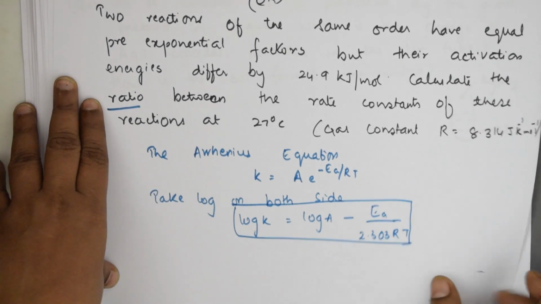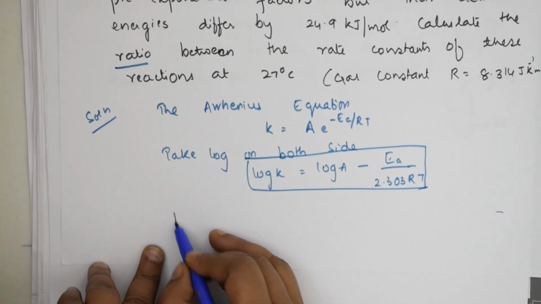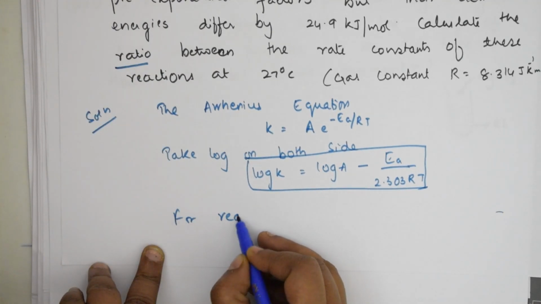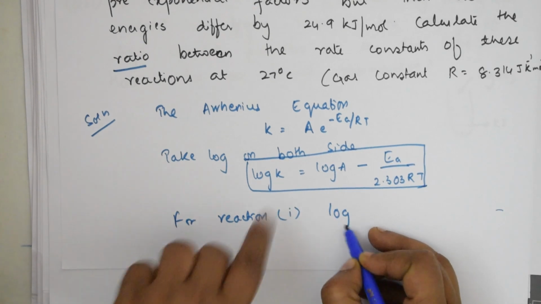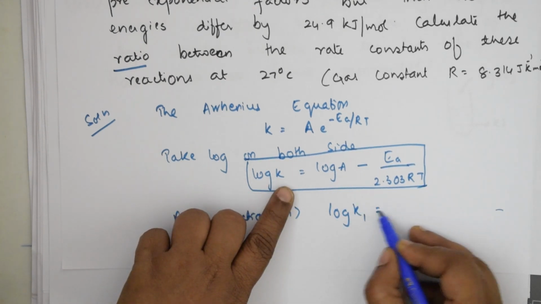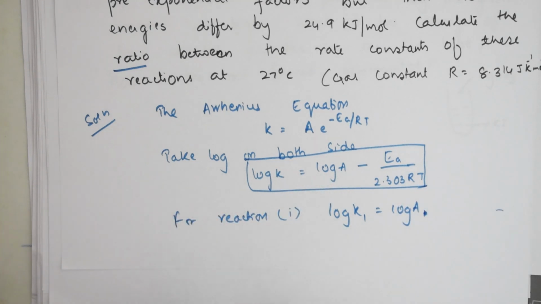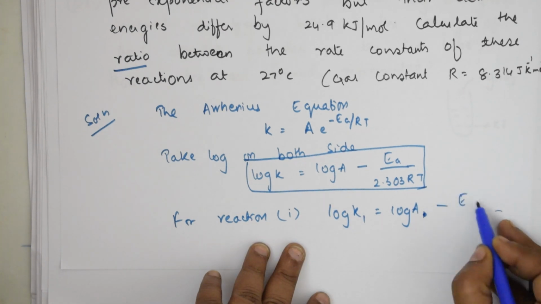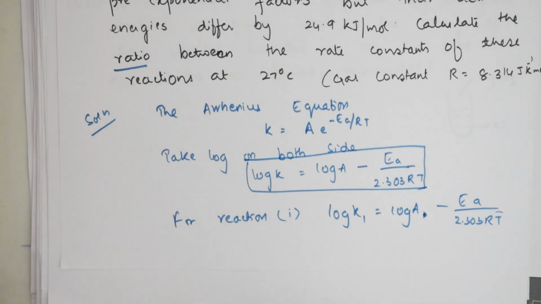Now take it for log A. Because I have to calculate the ratio for this, first of all, I am going for reaction 1. I take log K becomes log K1. Log A becomes log A, A1 only, because that's the Arrhenius constant, minus Ea1 by 2.303 RT.